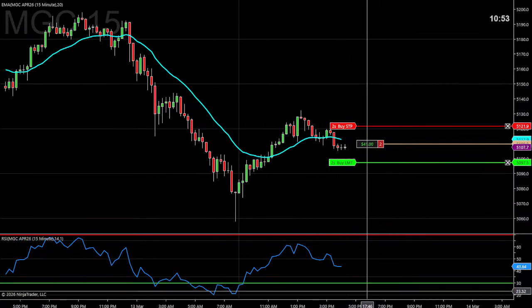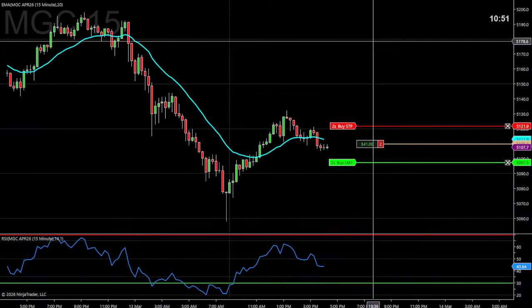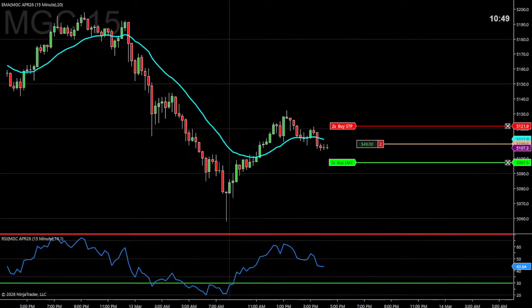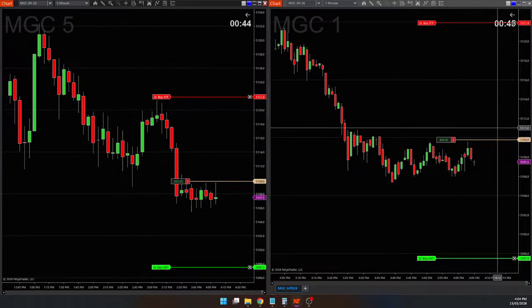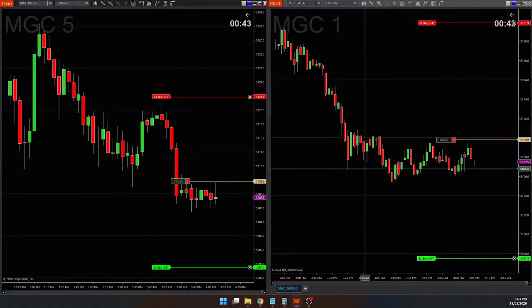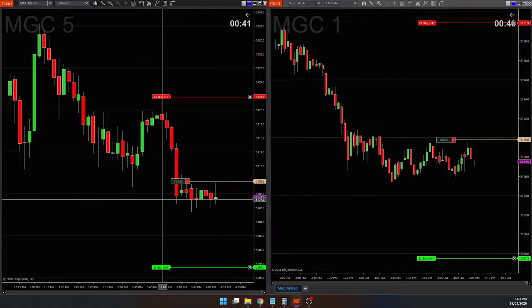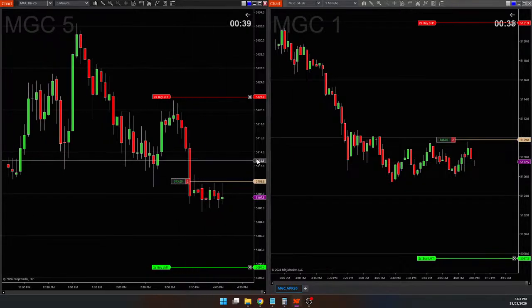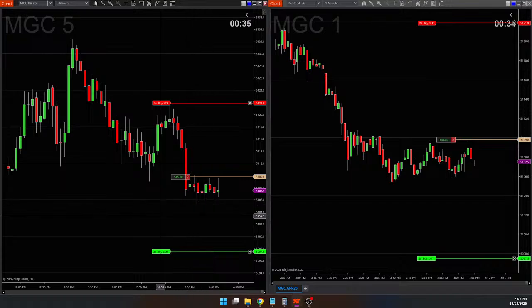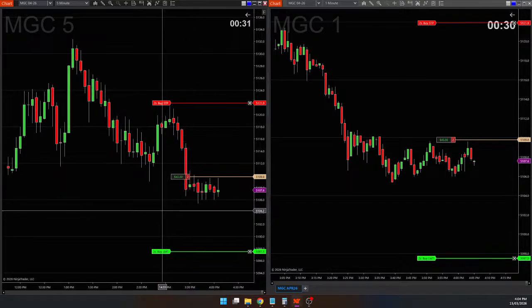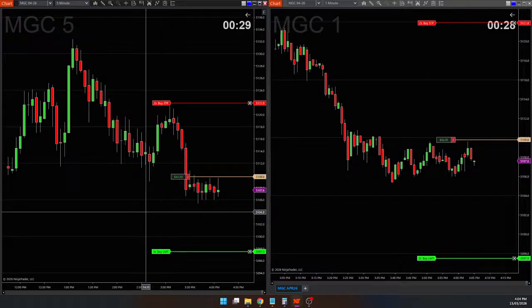So this main chart is the 15-minute, and my other charts are the 5-minute here and the 1-minute here. I use the 15 as the overall market structure, determining the trend by where the pivot highs and lows are.